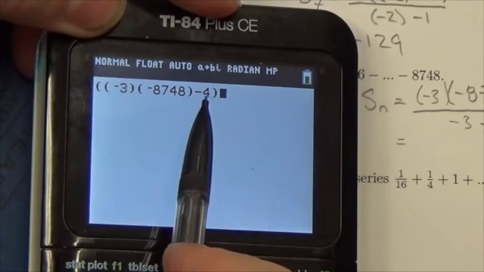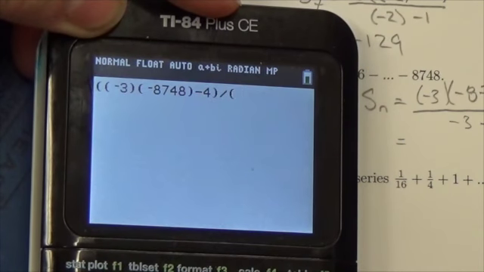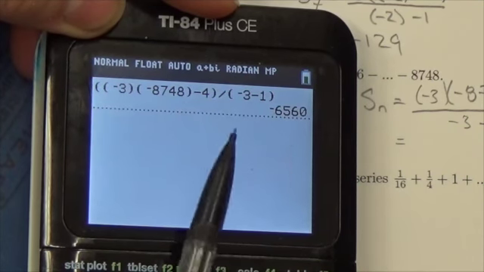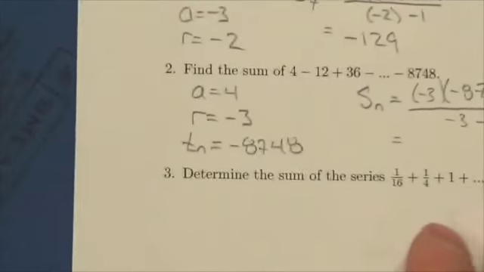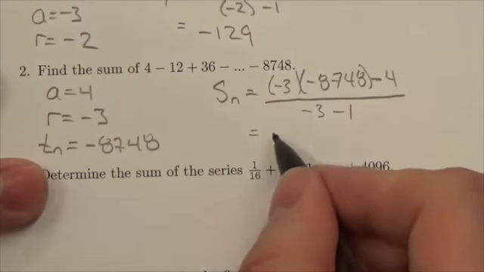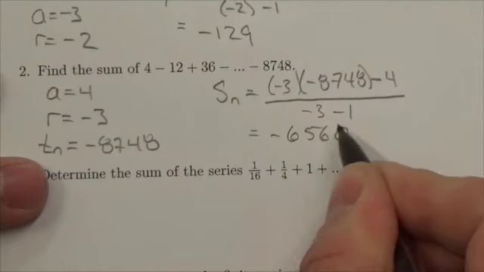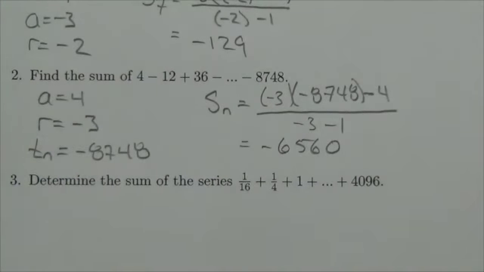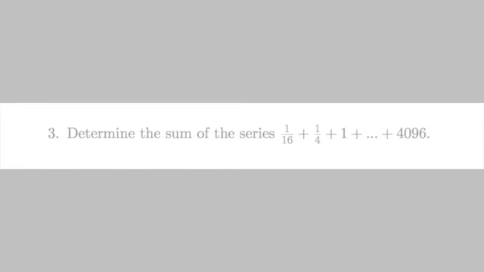Close brackets for the numerator, divided by, I'm going to open bracket, negative 3 minus 1, and then close brackets for the denominator. And the answer is negative 6,560. There you go. Neat question, because you don't need to know how many terms there are in that sequence.